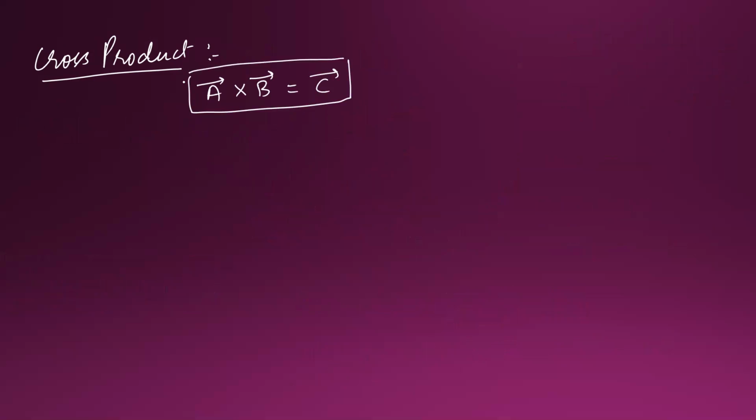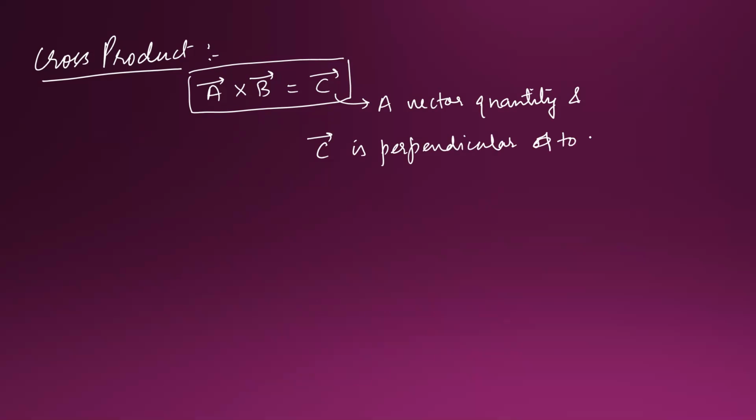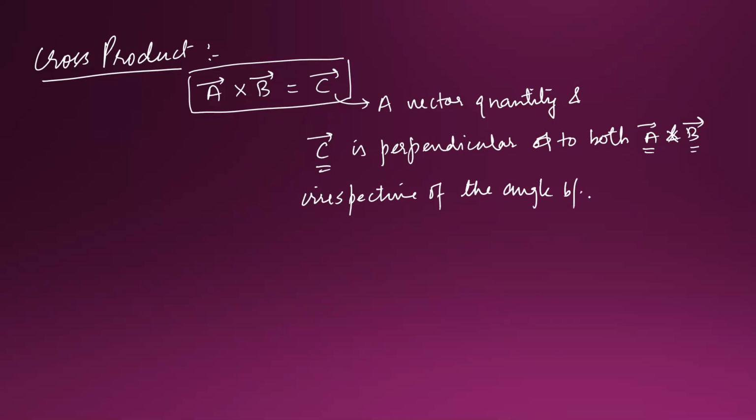The importance of this is that it is a vector quantity, and most important, the c vector is perpendicular to both a and b. This means that the new vector we get after the cross product will always be perpendicular to a and b, irrespective of the angle between a and b.